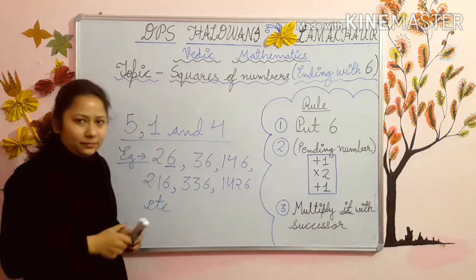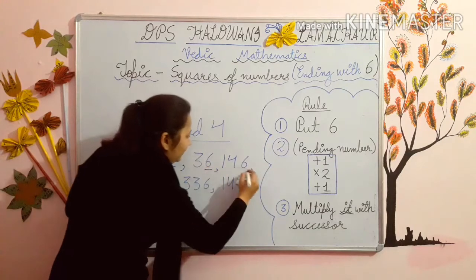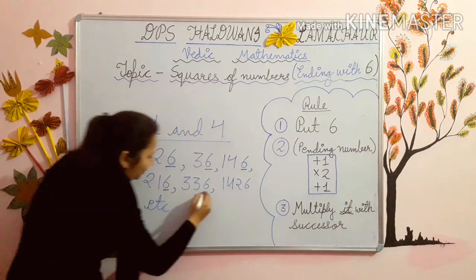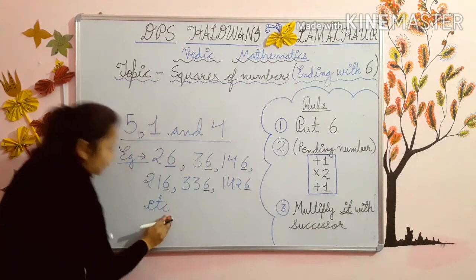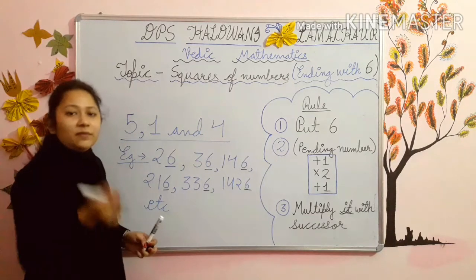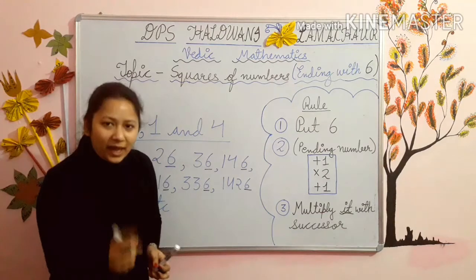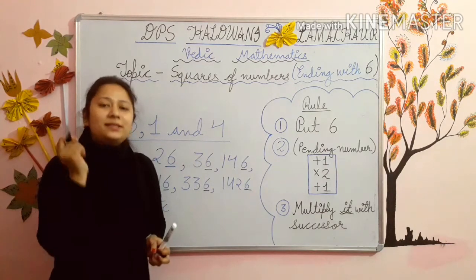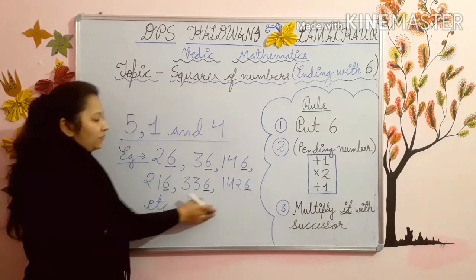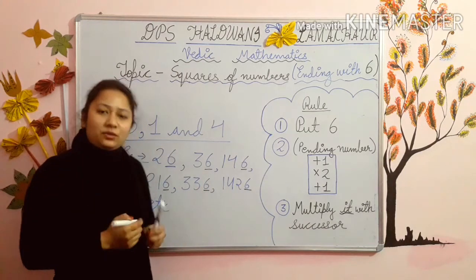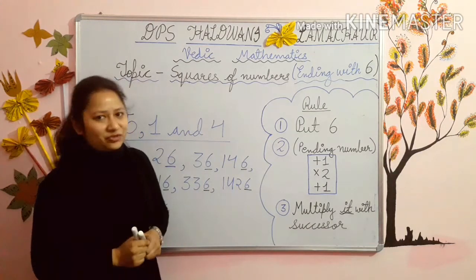See, all these numbers are having 6 at the units place, or you can say ones place. Now we will square these type of numbers today, the numbers which end with 6. So let's start our today's trick.